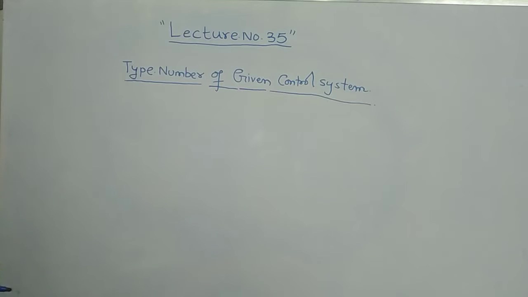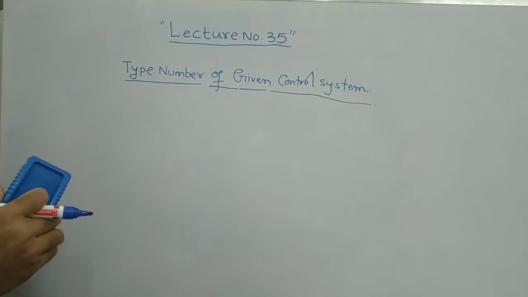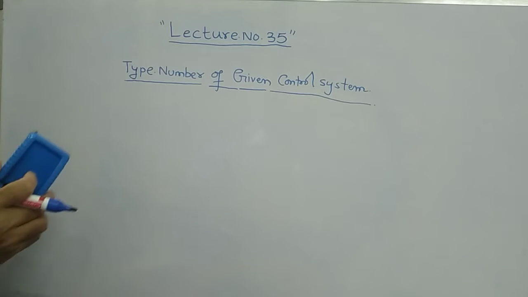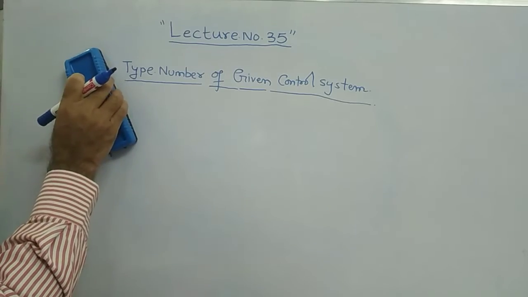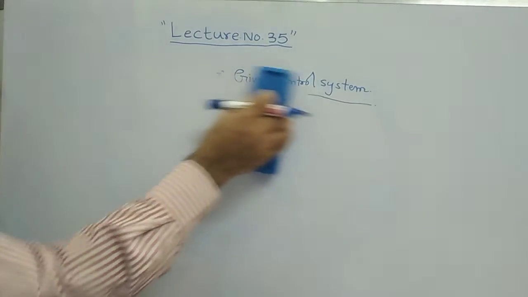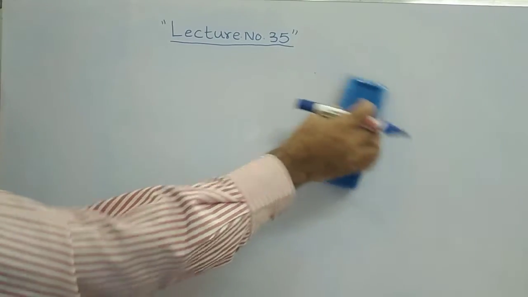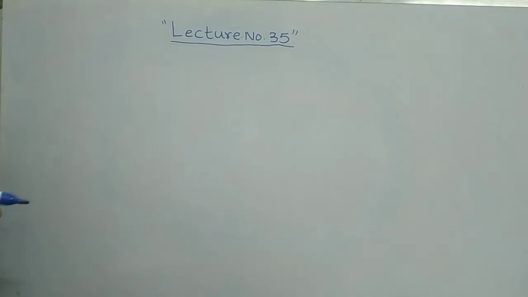So basically, what is a type number of a system? How is the type number identified for the given control system? Actually, it is very interesting and very easy to identify. Our task is to identify the type number of a given control system.